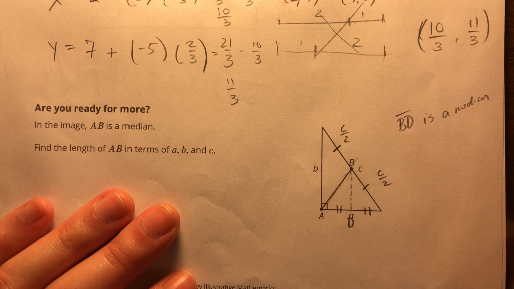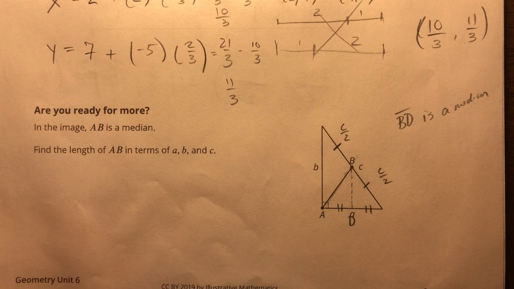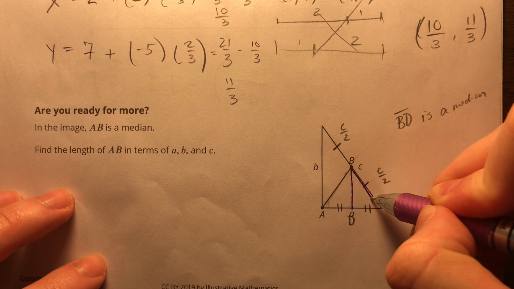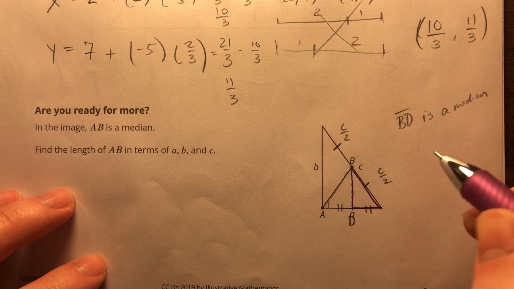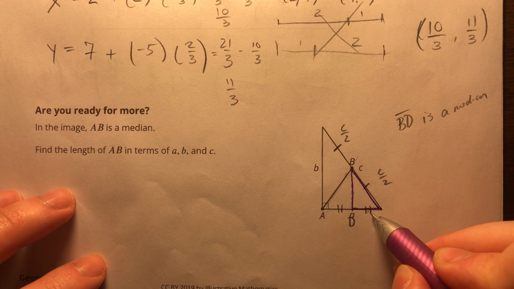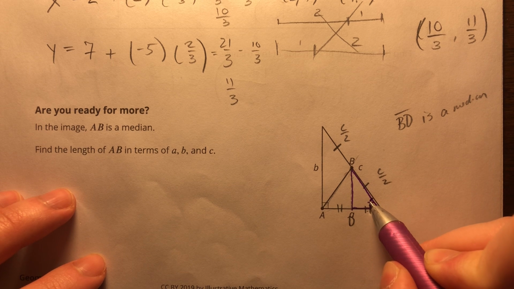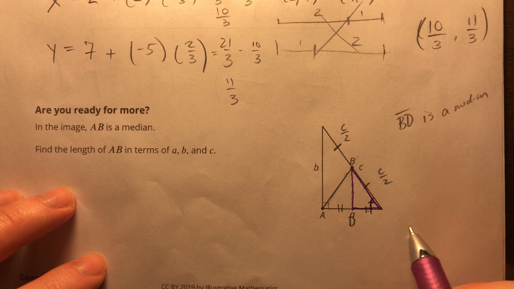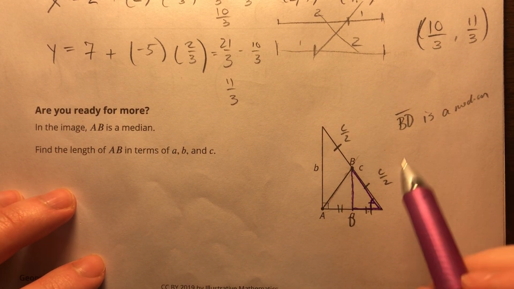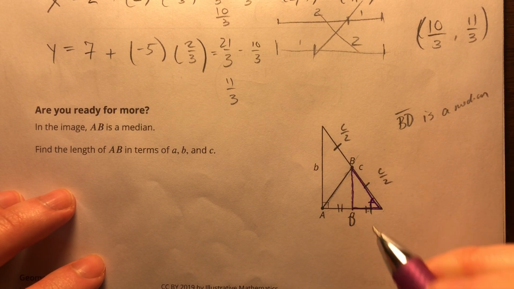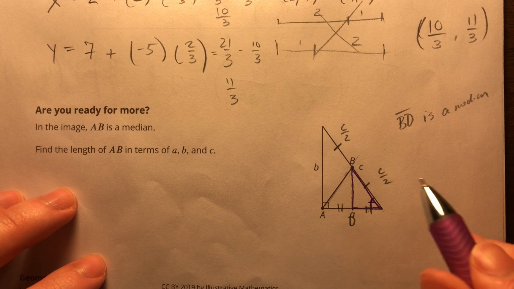All right, another thing I can see here is that, let me maybe outline this in purple and make it easy to see. If you look at this small triangle here, it's got a side that's 2 hash marks, 1 hash mark. We've also got this angle here, which is reflexive to the big triangle. And we notice in the big triangle, this corresponding side has 1 hash mark, 1 hash mark, 2 hash marks, 2 hash marks.